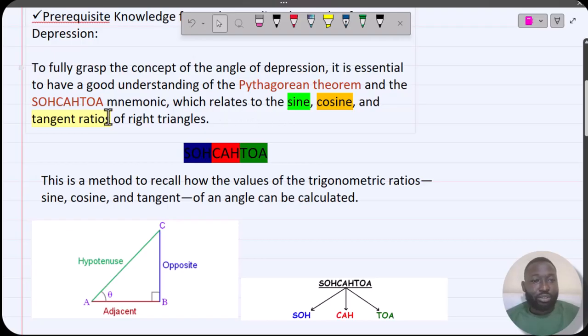When we talk about a mnemonic, it's something that helps your brain, your memory, humans to remember. So you see, Sokatwa mnemonic. It relates to the sine, the cosine, and the tangent ratios of right angles. That is all about it.